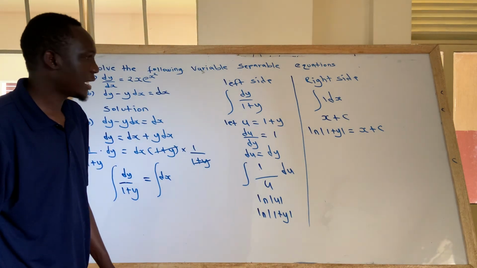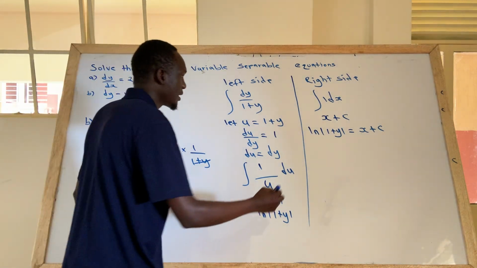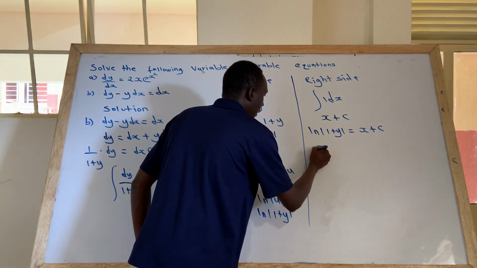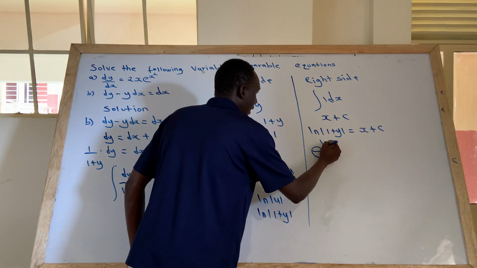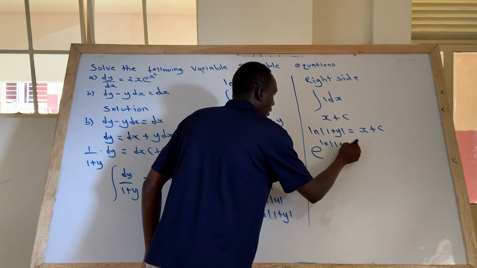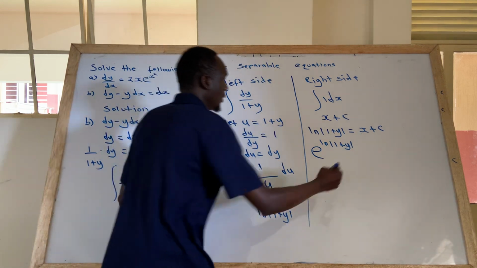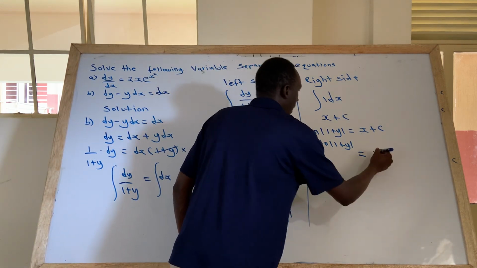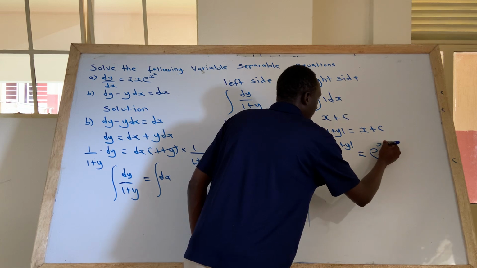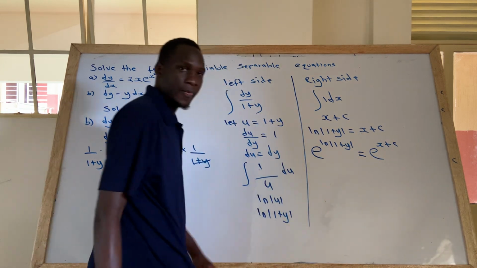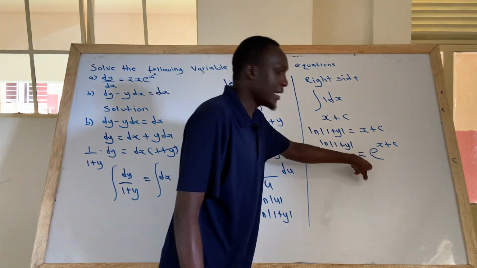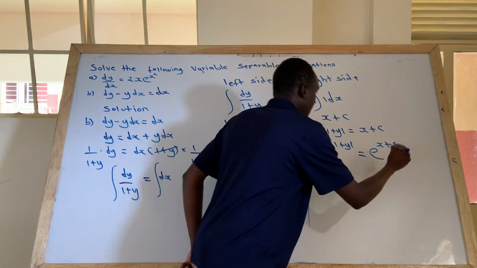We can introduce exponentials on both sides. Therefore, we have e raised to ln absolute 1 plus y is equal to e raised to x plus c.